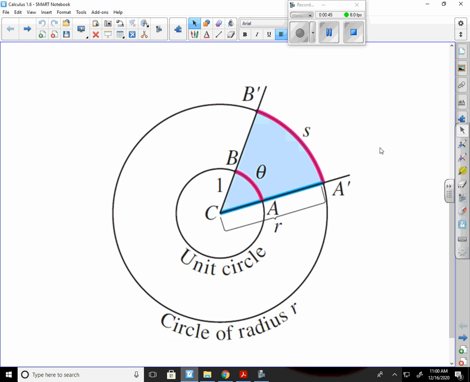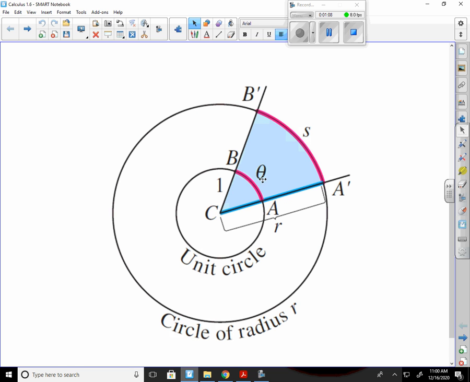So what that says is, if I'm looking at my unit circle here, which is the smaller one that had a radius r, we talked about the unit circle earlier this year, the radius is 1, and I have a length theta, which is my actual angle measurement for ACB.